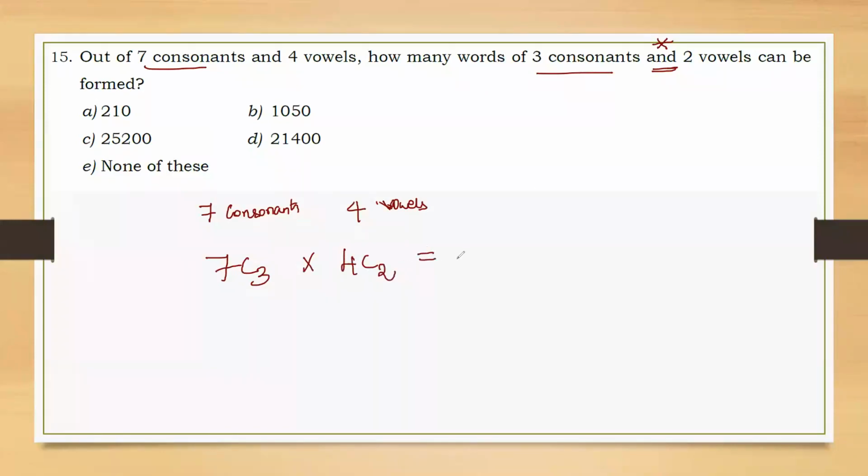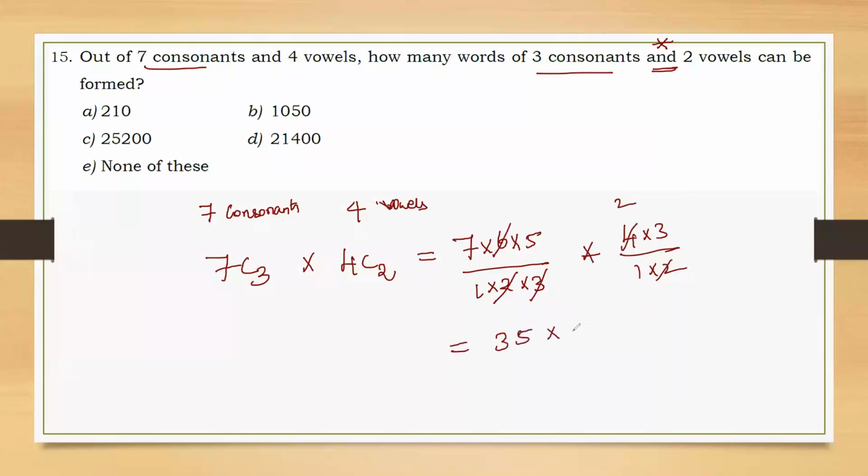Out of 4 vowels, you need to select 2. Combination means we need to divide by the arrangement. And 4C2 is 4 into 3 by 1 into 2. So 35 into 6, the answer is 210.